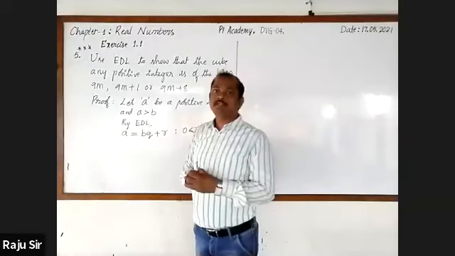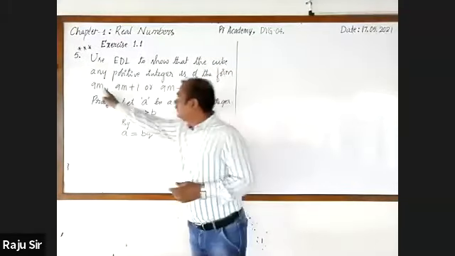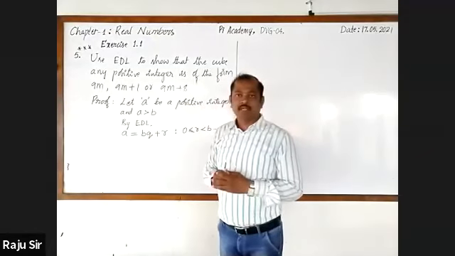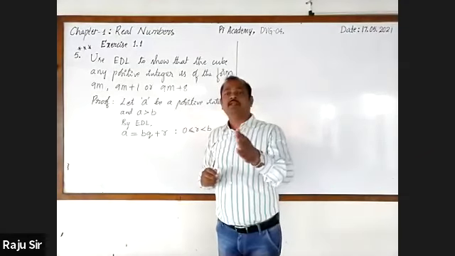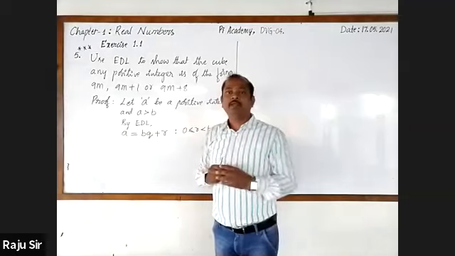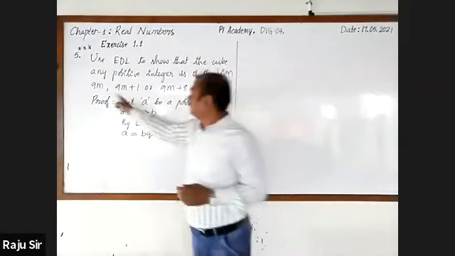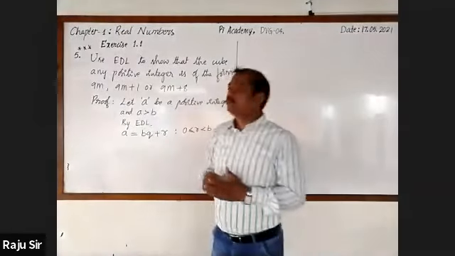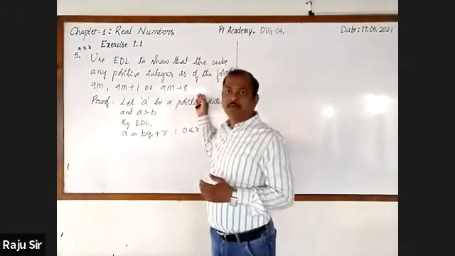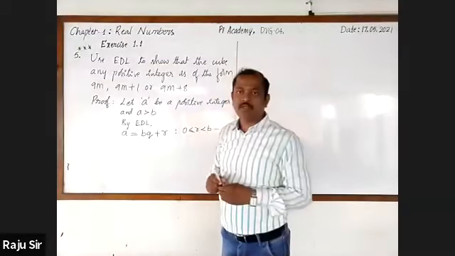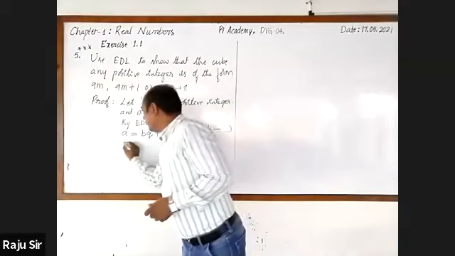The reason is 9 is a multiple of 3, and when you find the cube of 3, it will be 27. 27 is a multiple of 9. Hence, the cube of a number can be expressed in this form. Hope that you all have understood.